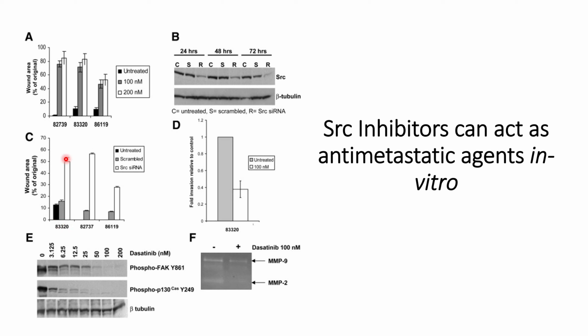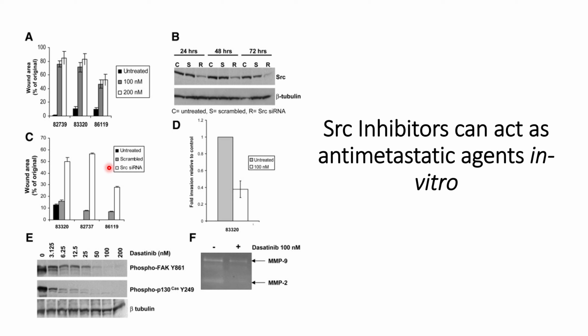When they silence SRC, they see an increase in the wound area, or reduction in migrations. This was observed for all three cell lines, and the trends are similar to panel A, which is with the dasatinib treatment, and panel C is without dasatinib treatment.